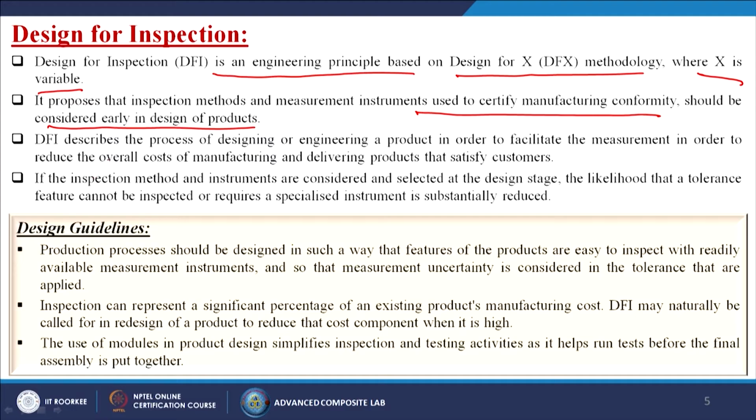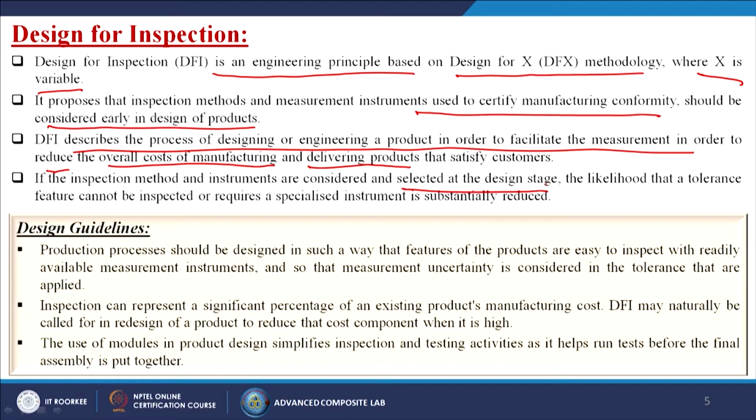DFI, that means design for inspection, describes the process of designing or engineering a product in order to facilitate measurement, in order to reduce the overall costs of manufacturing and delivering products that satisfy the customers. If the inspection method and instruments are considered and selected at the design stage, the likelihood that a tolerance feature cannot be inspected or requires a specialized instrument is substantially reduced.